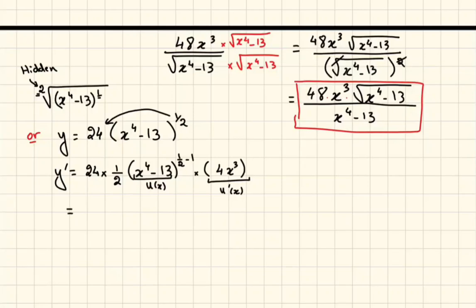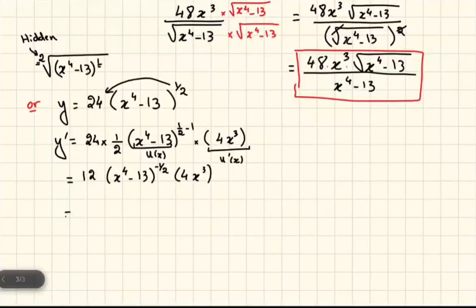We finalize our answer. We need to simplify it. So 24 divided by 2, or 24 times half, is just 12. And this becomes x exponent 4 minus 13 exponent minus half. But usually we don't keep negative exponents, so I need to do something about it. To make the exponent positive here, we need to bring it to the denominator.